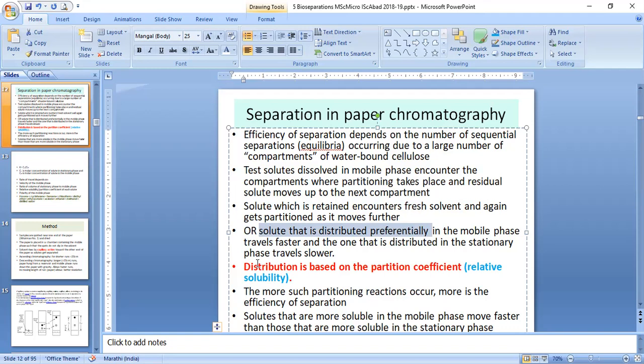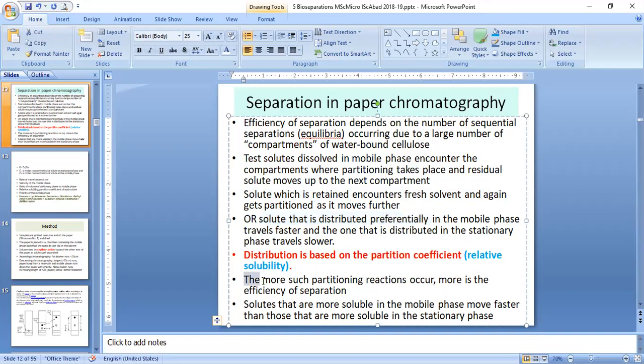Therefore there is a separation of the different types of solute, or there may be a number of different solute molecules in the same mixture. So all the solute molecules will get separated depending upon their own equilibrium characteristics.